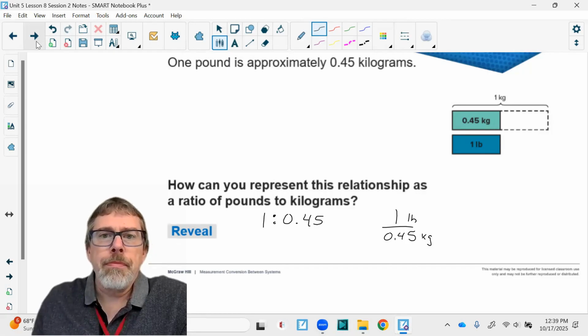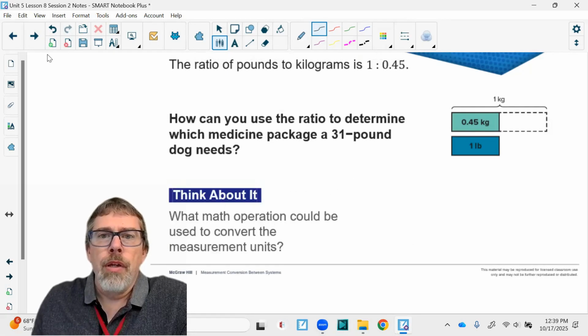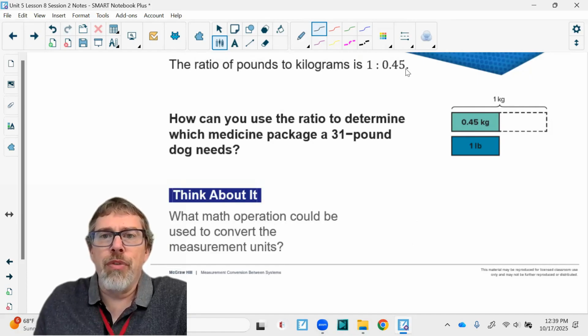So the ratio of pounds to kilograms is 1 to 0.45. How can you use the ratio to determine which medicine package a 31-pound dog needs? Well, we could use the fraction format of this and then multiply.